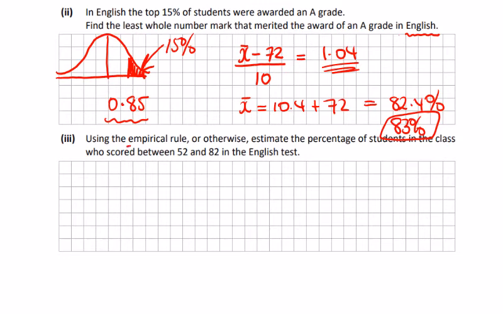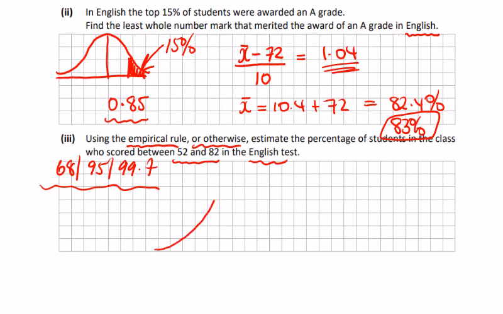Using the empirical rule, which is 68, 95, 99.7 for my 1, 2, 3 standard deviations, estimate the percentage of students in the class who scored between 52 and 82 in English. A sketch will always tell us where everything is.